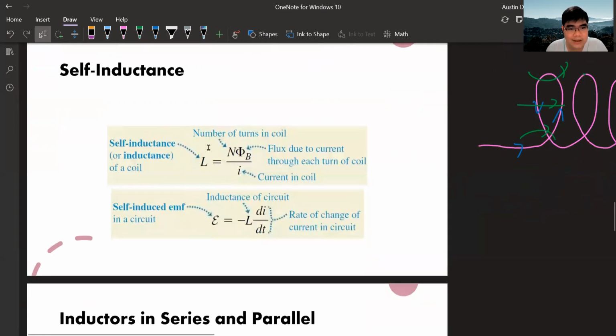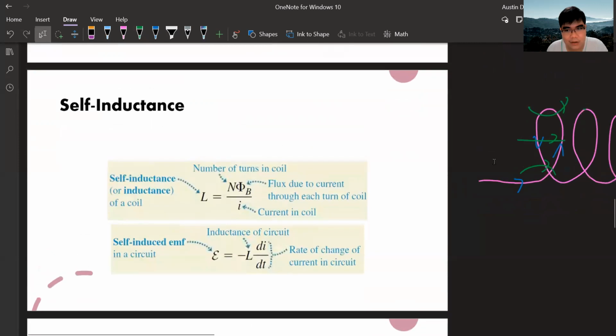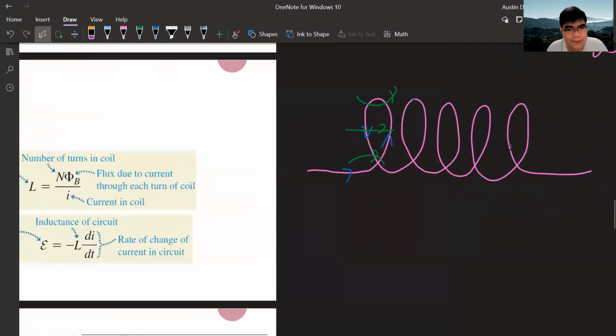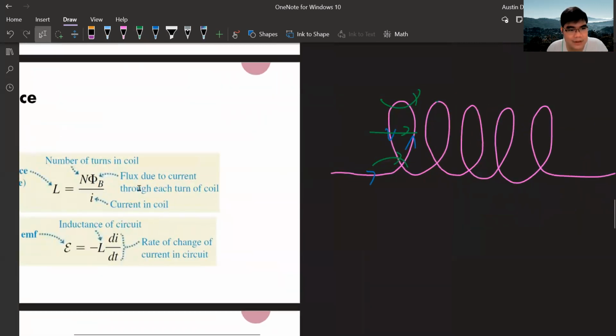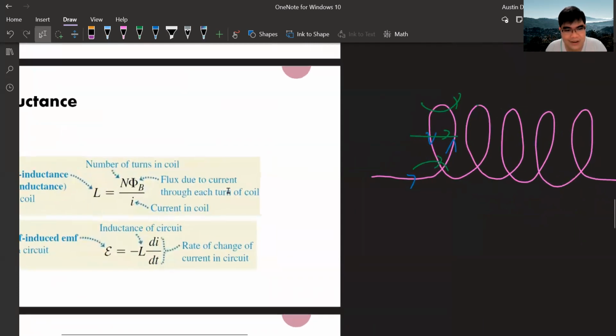Okay, so si inductance, ito na yung itsura ng function niya. So that would be L, yung symbol natin for inductance. Then it must be equal to the number of turns in the coil. So for this guy, 5. Tapos flux through itself, okay?